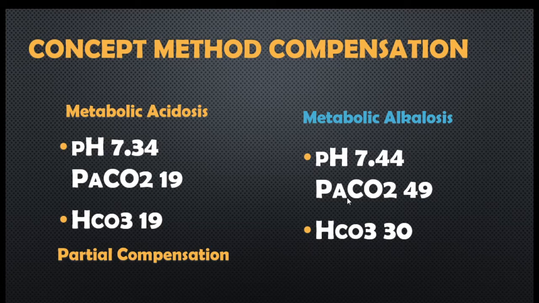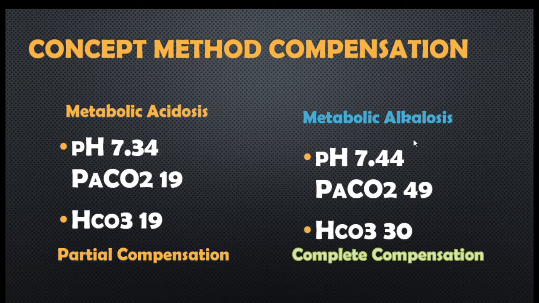Because the PaCO2 is increasing, the pH is going back to its normal level, which is 7.44. So this is what we call complete compensation, because the pH is normal.